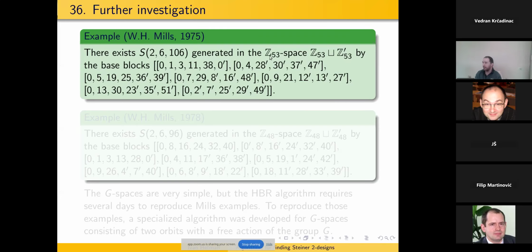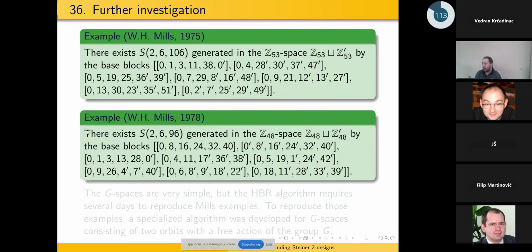It is a Z53 space with 2 orbits of the same size and these base blocks, which are actually very hard to find. In the second example, Mills also generated the same Steiner design, but on 96 points.